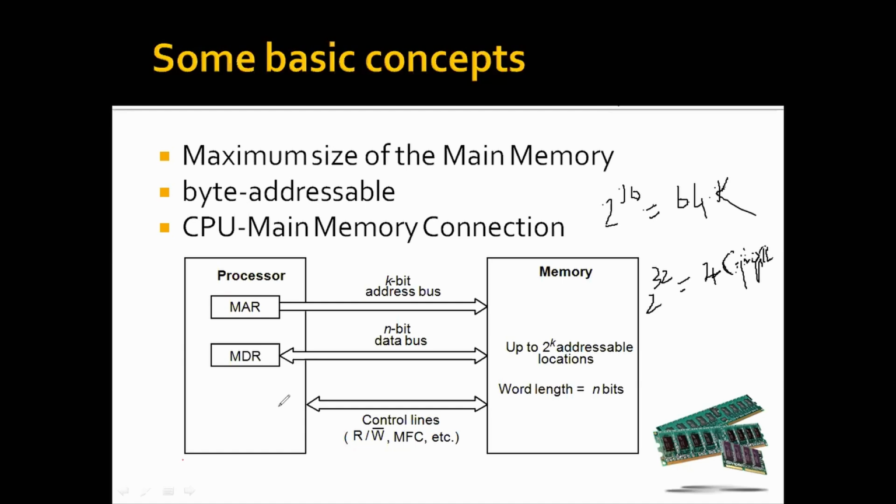Now MAR is going to have the address bus, because the memory address register itself is going to be connected to a bus. A bus means the path it is going to take, which is only a k-bit address bus.